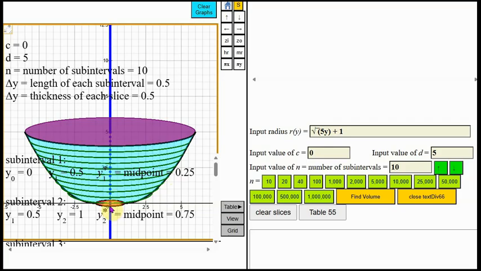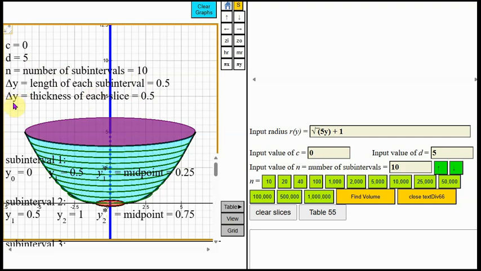The solid runs from y equal to 0 up to y equal to 5. And so if we divide the solid into 10 slices, then the thickness of each slice will be a half, or 0.5. Because the distance from here to here is 5, and dividing by 10, we get a half.